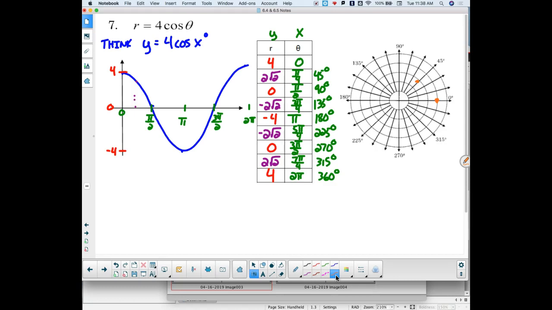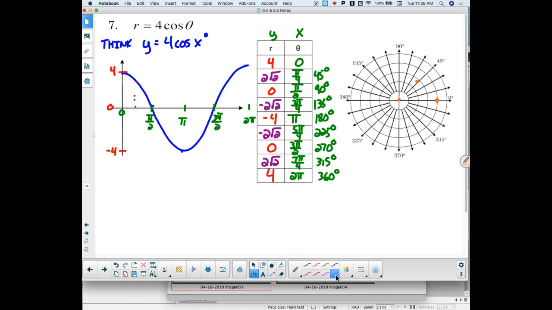Okay. 90 degrees, where am I at? I'm at the pole still. 135 degrees, where am I at? -2.8, right?